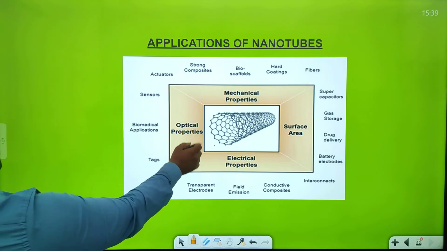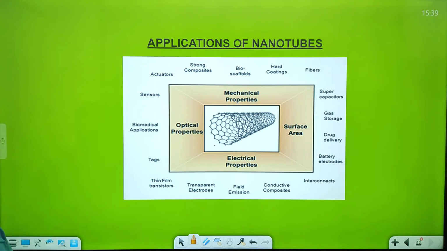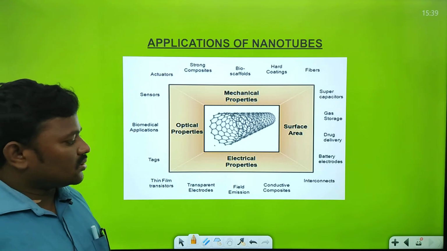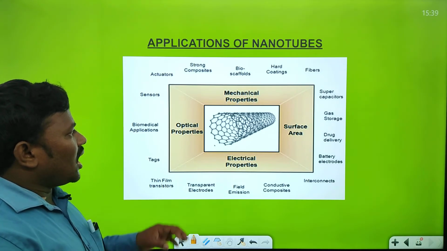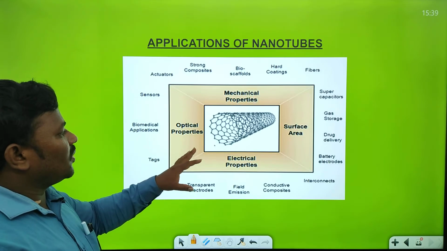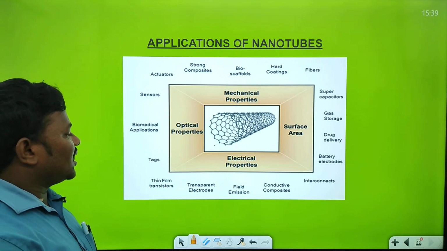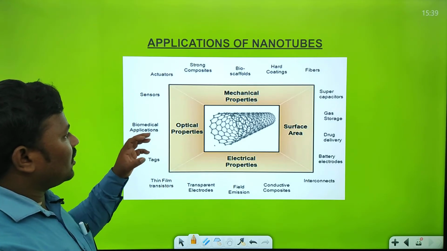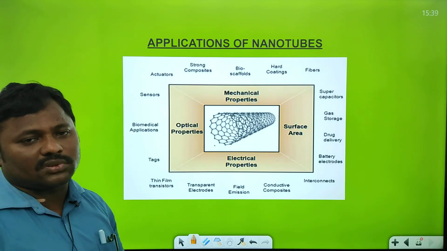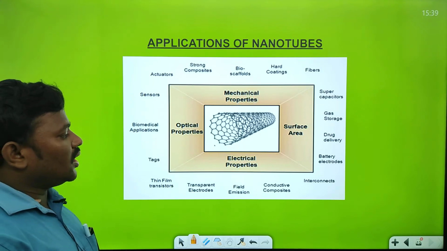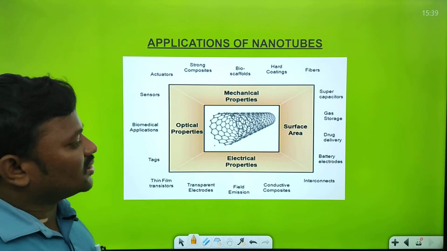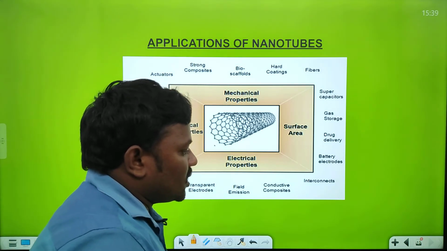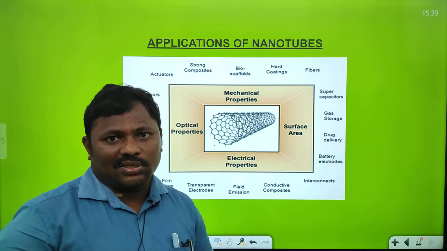Next, optical properties: sensors, biomedical applications, tags, and thin film transfers. These applications mainly fall into 4 sectors: surface area, electrical properties, optical properties, and mechanical properties of the nanotubes. Very important. Is it right? So these are the nanotube usages.